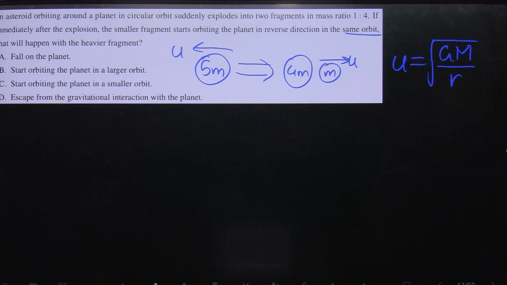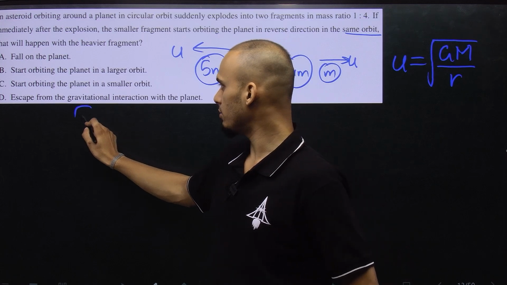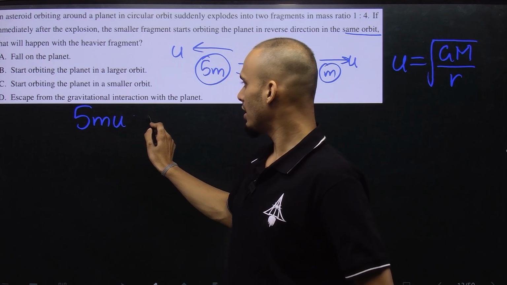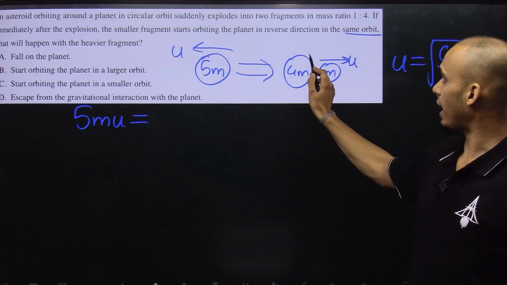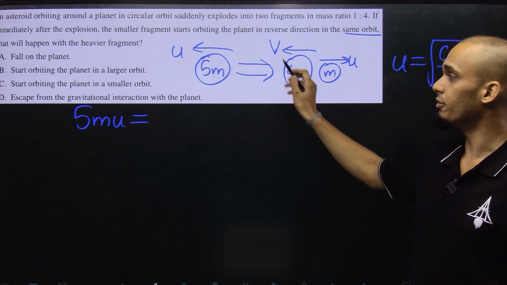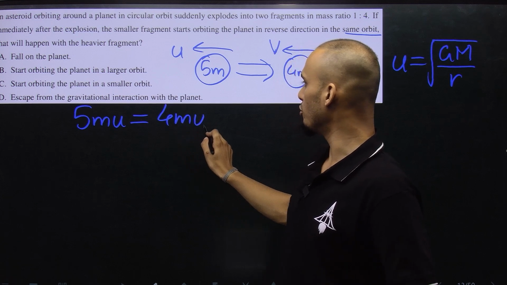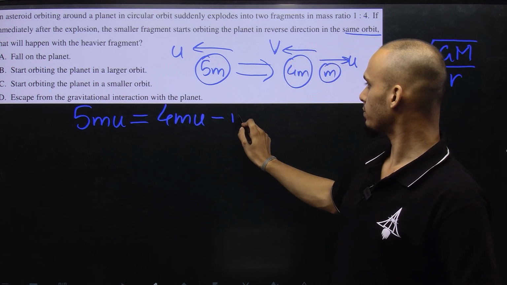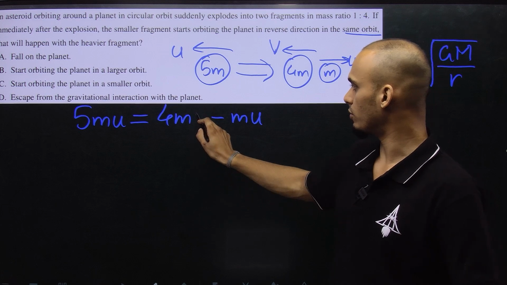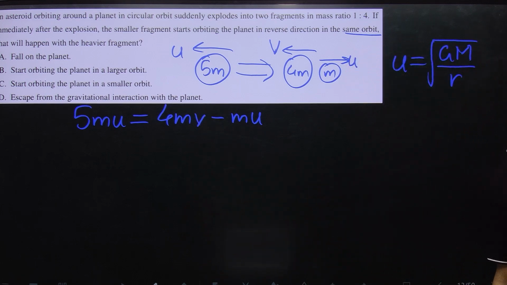Now conserving momentum of the asteroid, the initial momentum was 5 times m into u, and let's say the mass 4m moves with some speed v towards the left, so its momentum is 4m into v. The momentum conservation gives 5mu equals 4mv minus mu.